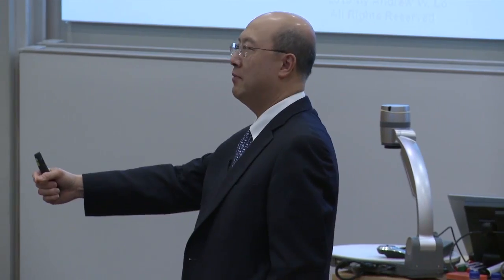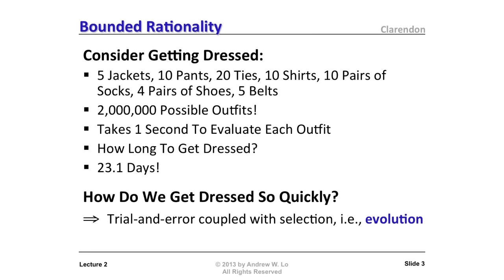So that's an example of the response to Simon, which is we don't know that if we just spend a little bit more time optimizing, we might not get a better solution. That's true, we might, but we aren't inclined to do that unless the environment calls for it. So when I was in college, a friend of mine got married, and I was invited to be the best man, and I went to a rehearsal dinner, and I showed up in sneakers and jeans, and I realized that's not a good thing to do.